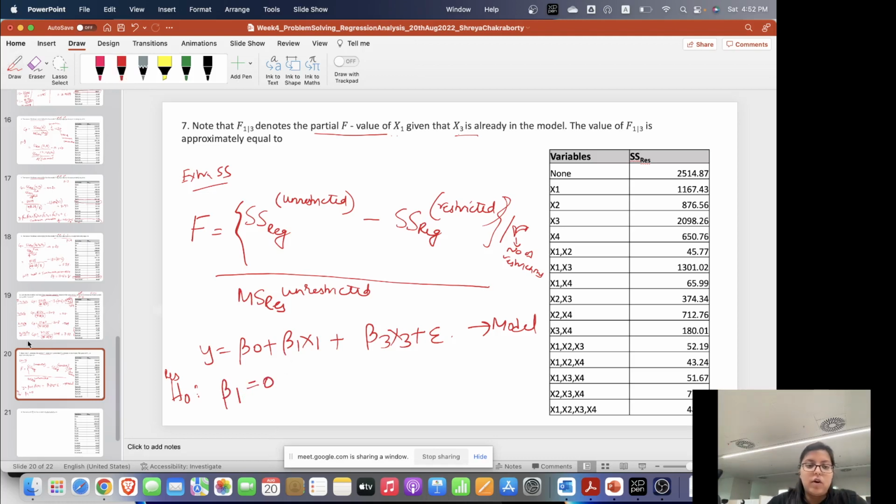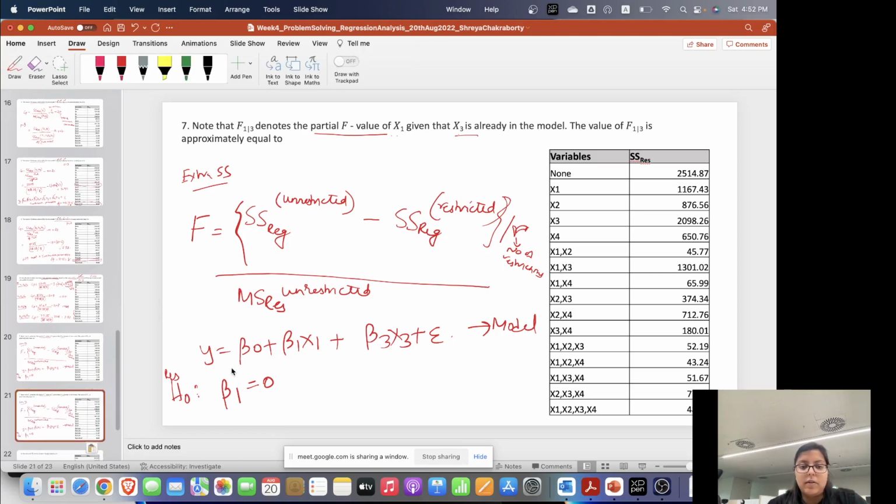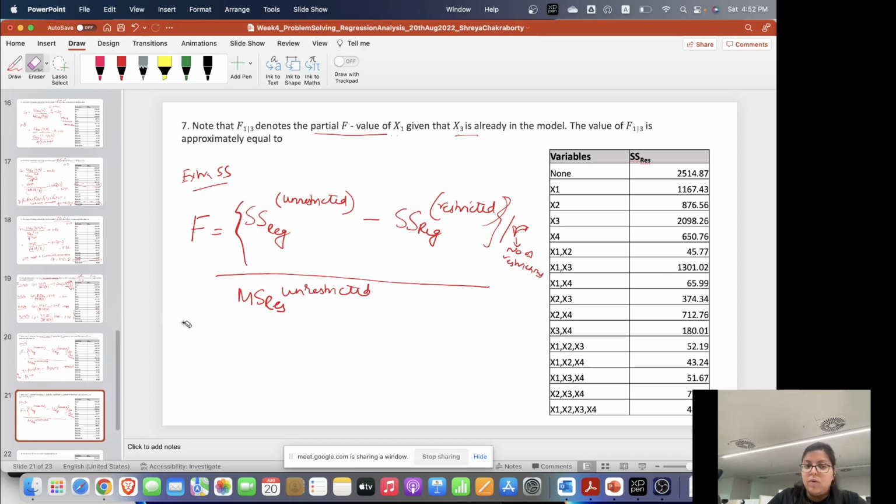So from this it follows that our F statistic in this case would be the sum of squares due to regression based on the unrestricted model, that is, both x1 and x3 are present, minus the sum of squares due to regression under the restricted model.